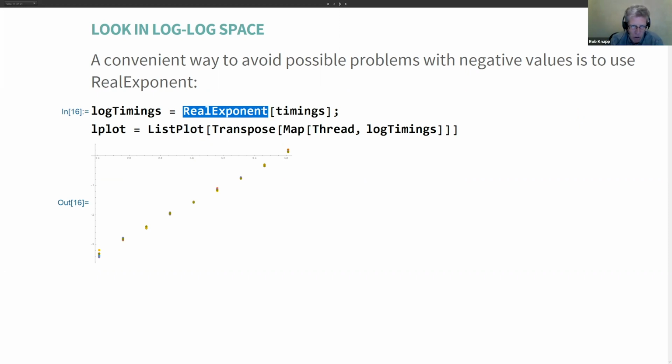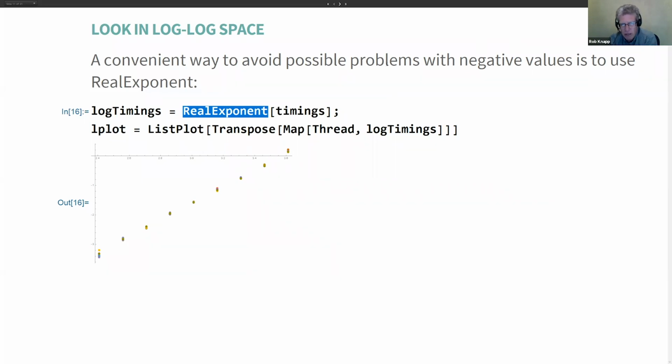So it's more convenient than using log because it avoids singularities. Now notice in this log plane, the plot looks pretty close to linear. And the variation in the different components is typically comparable. This first one is quite a bit bigger, but the other ones are somewhat comparable.